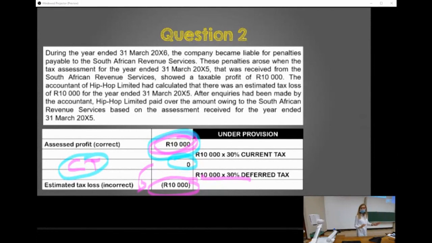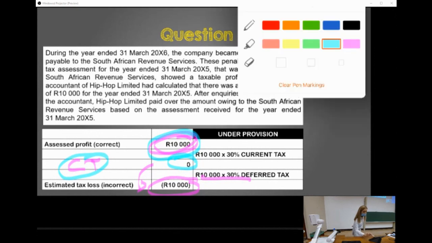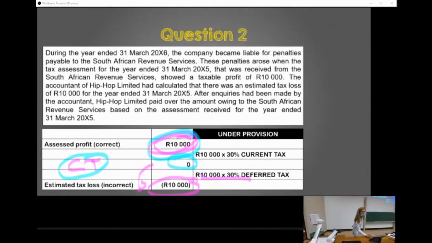But we didn't just leave it at the 0, we actually recognize a deferred tax asset. So therefore, the movement from the 0 to the 3,000 deferred tax asset is then a deferred tax under provision.